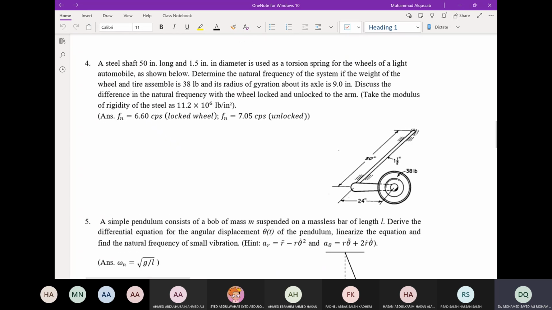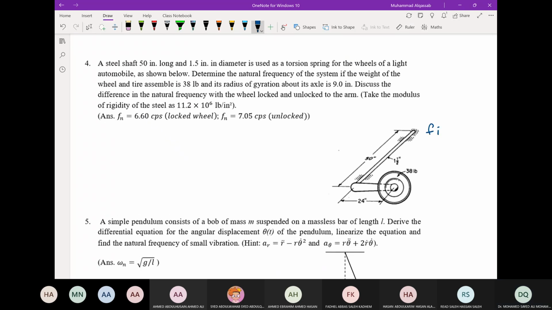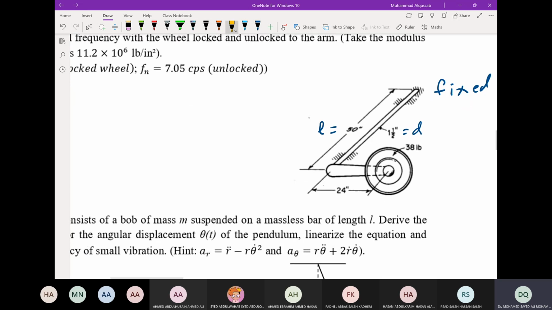Okay, this is the shaft fixed here, and it is of length equal to 50 inches, and this is the diameter of the shaft equal to 1.5 inches, and then this is the center line of the shaft through the middle of the shaft, and this is the arm, and this is assumed a rigid arm and massless.